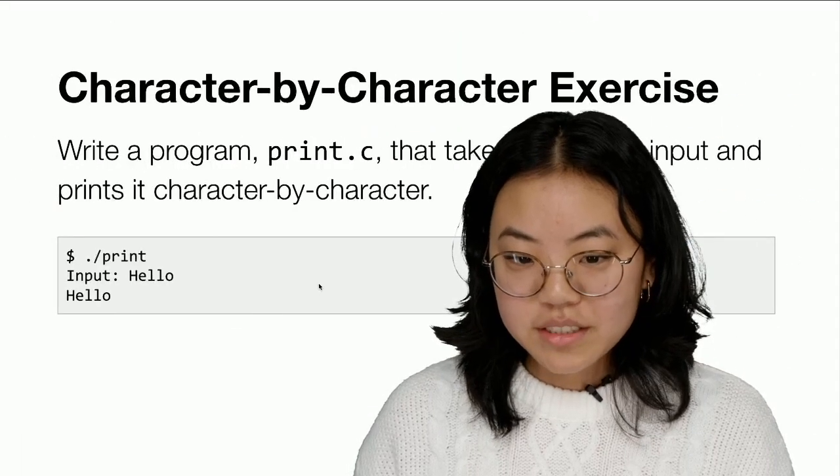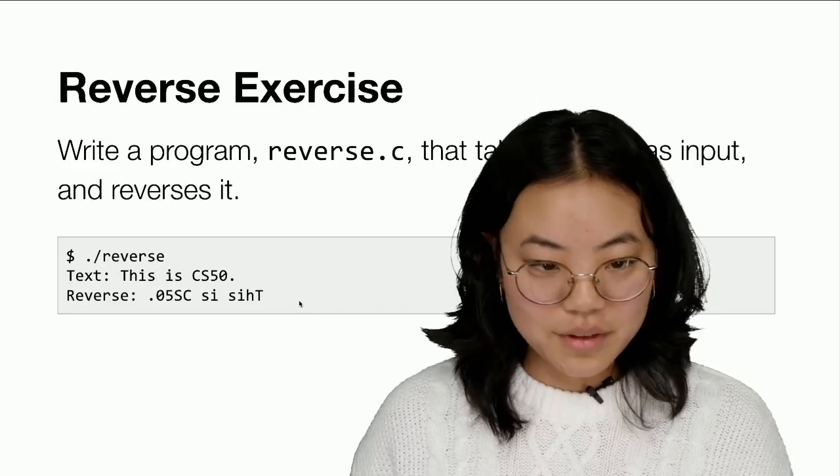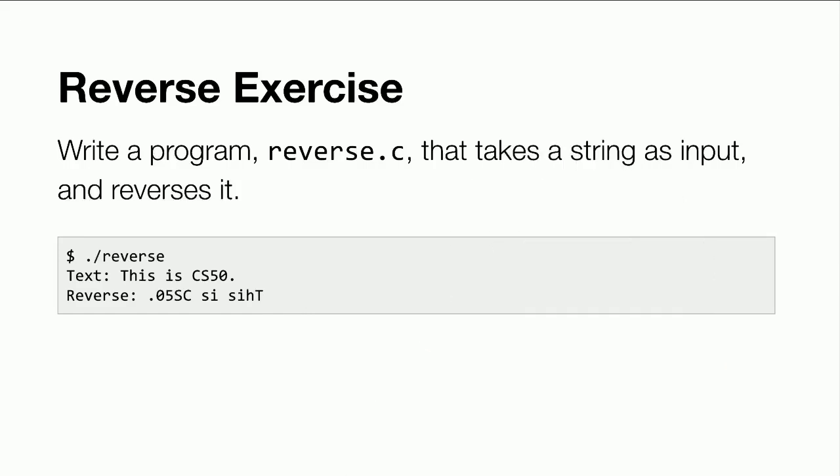And we're actually going to take this and extend it a little bit, do something fun with it. So we want to write a program reverse.c that takes a string as input and then actually reverses it. So the last character becomes the first character, and so on.